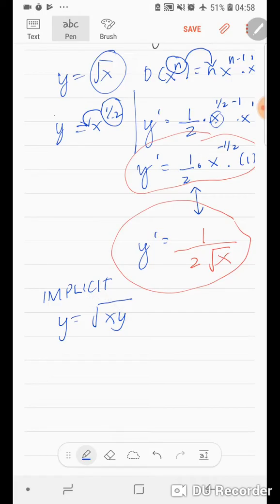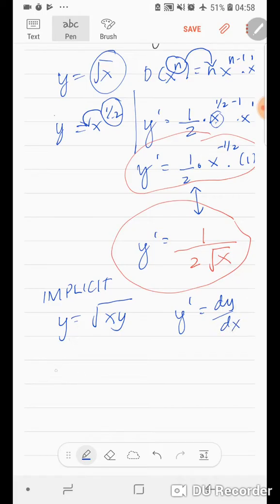So for the implicit function, you can find two variables just in one expression, or just in one monomial in this case. So what we do, we know that y prime is equal to dy over dx.